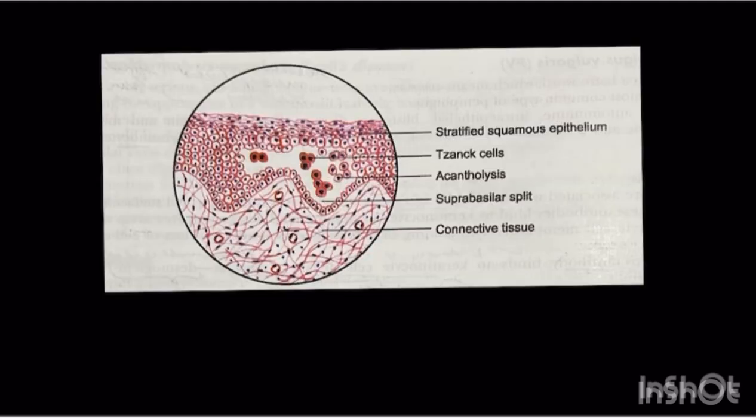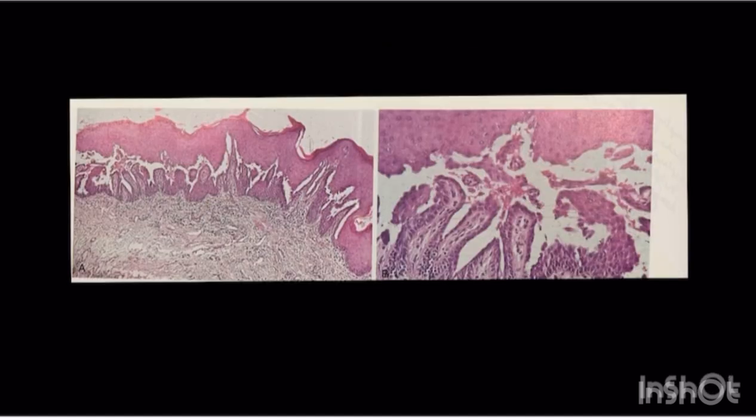Now histopathological features. This is the diagram where we can see characteristic Tzanck cells, stratified squamous epithelium, acantholysis of cells after the attack of autoantibodies to the desmosomal junctions, and then we can see a suprabasilar split, and beneath is the connective tissue. This is the microscopic view.